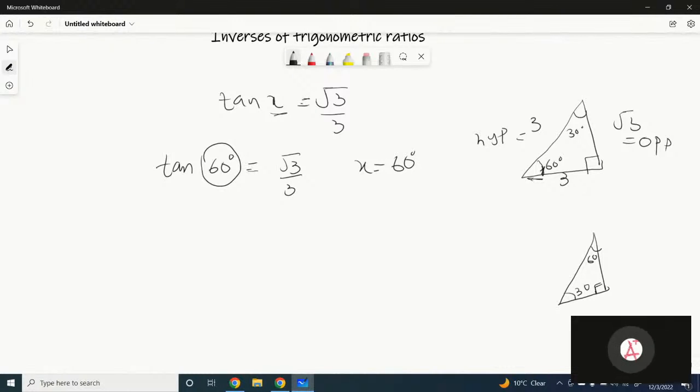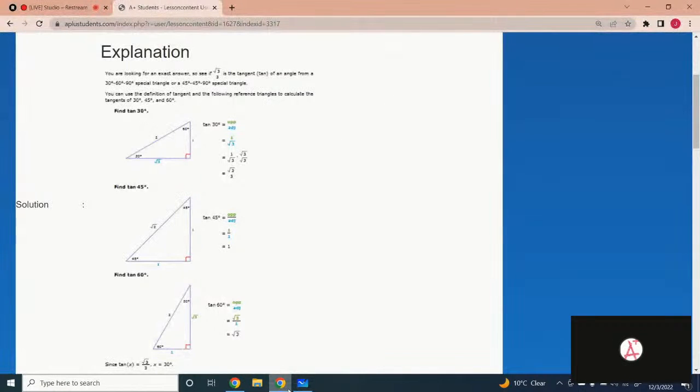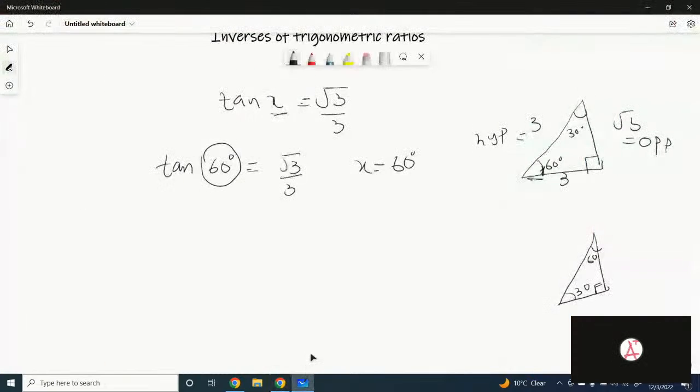So for this type of triangle, the lengths are 3, square root 2, and this one is 3, this one is square root 3, and this one is 1. Got it? So now just look at this angle. If you have to find the tan of angle 60 from here, just write 3 over square root 3.